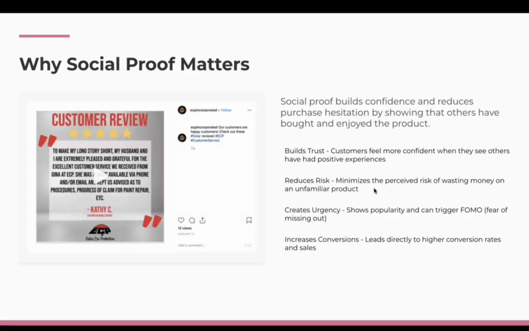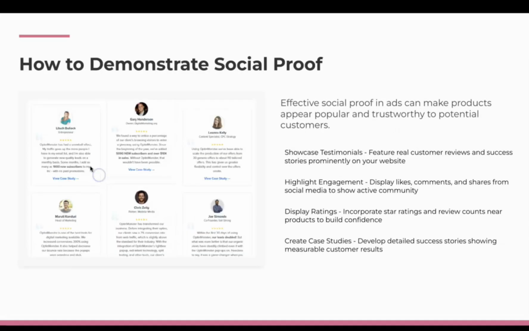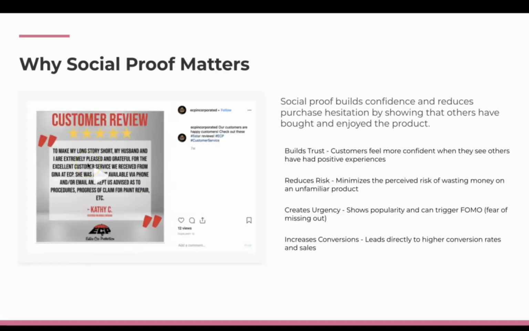For example, here's a testimony from a company that's running an ad, or this really just looks like a regular post, but they had a customer review basically saying how extremely pleased and grateful they are for the excellent customer service.